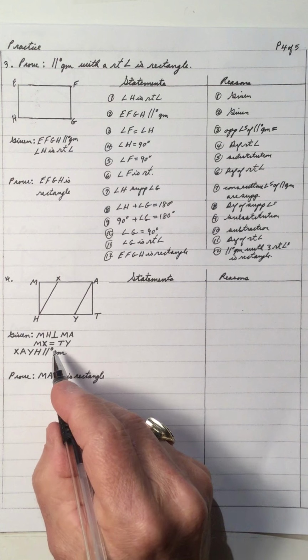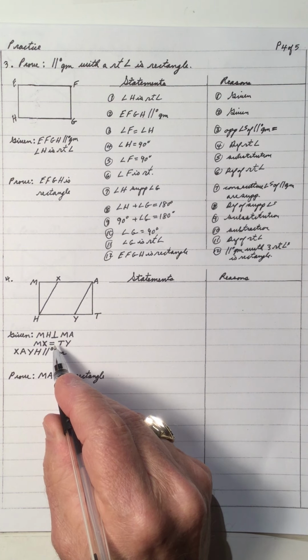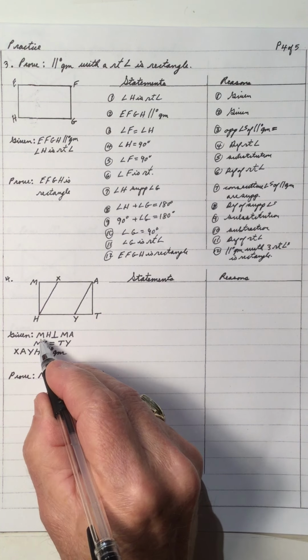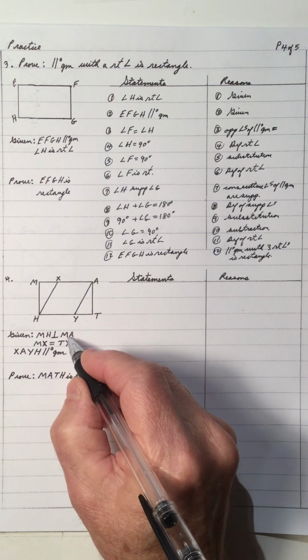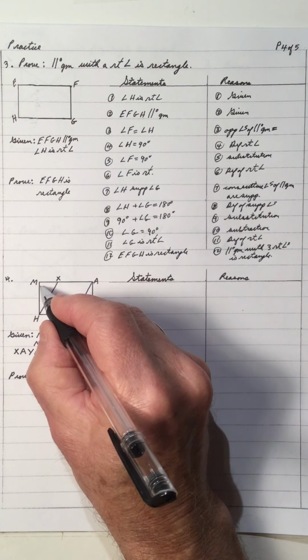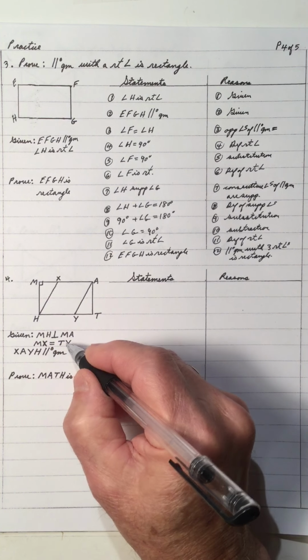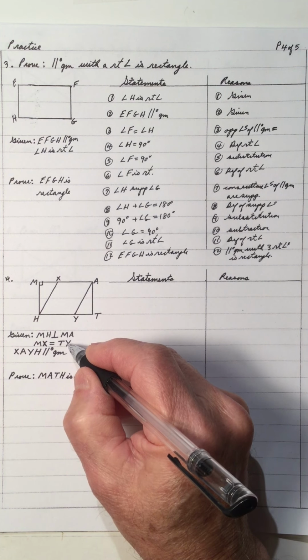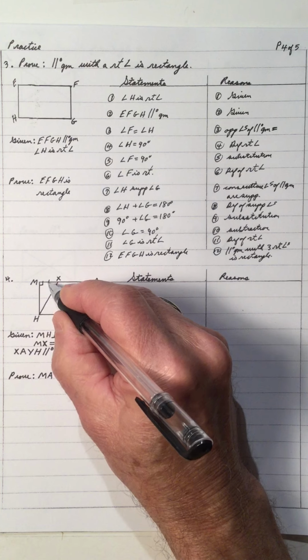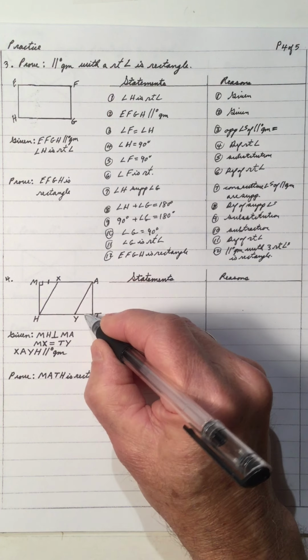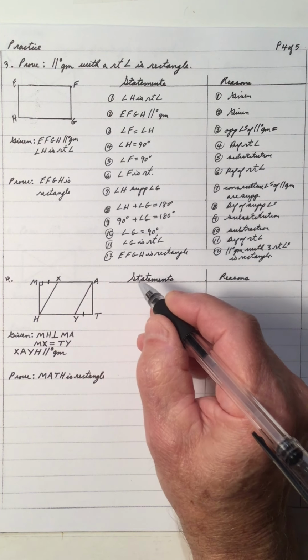Number 4 proof. Let's look at this one. So we have MH is perpendicular to MA, right here. XM, right here, equals TY.